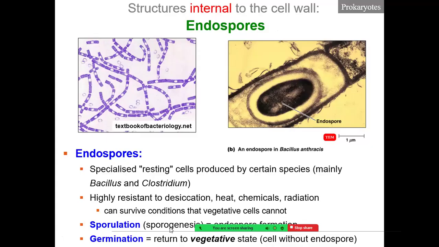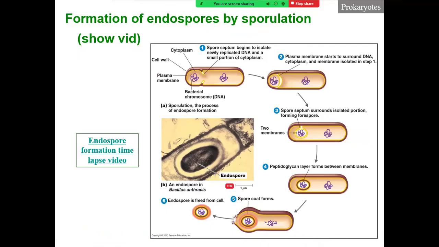Sporogenesis, also called sporulation, is the endospore formation. So these cells are going through sporulation. So is this one. And then germination is where the endospore returns to the vegetative state, where the cell no longer is an endospore, it's become the parent or vegetative cell.